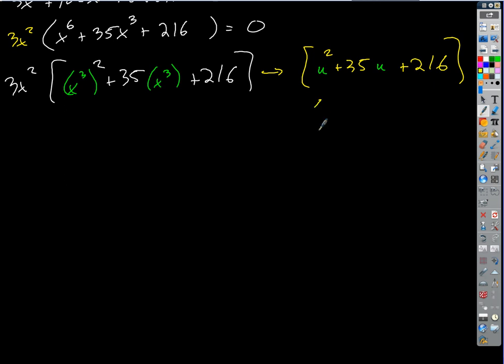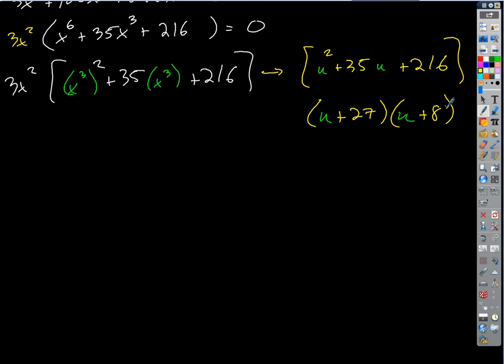So this breaks down into u plus 27 and u plus 8, right? Everybody agree? But we don't have to really call them u's. u is just x cubed, right? So the whole point is to break it down into a pattern where we have something squared plus 35 times the same something plus 216, so we can factor it just like we did in chapter 2.